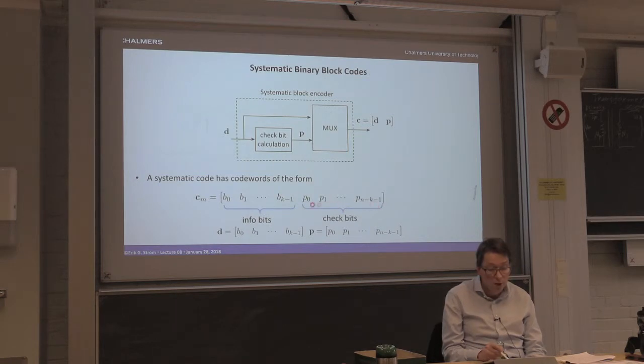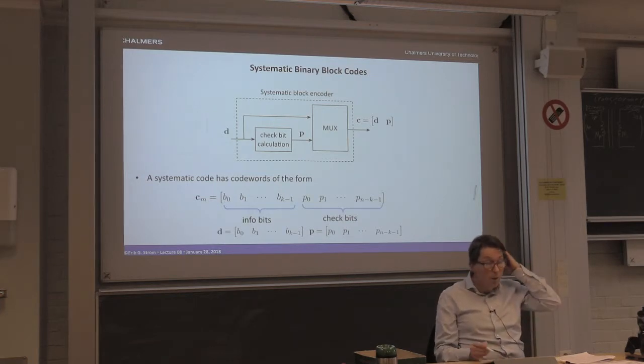And these check bits are a function of the input bits. So in the block diagram, D goes through this check bit calculation block and outputs the check bits P, which correspond to D. And this multiplexer simply takes D and appends P. So the output C is D appended with P.